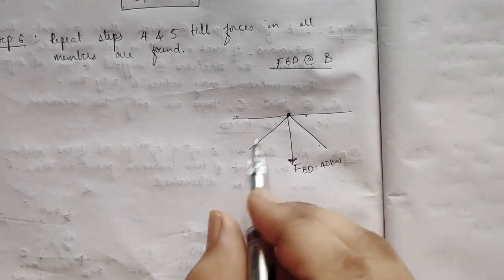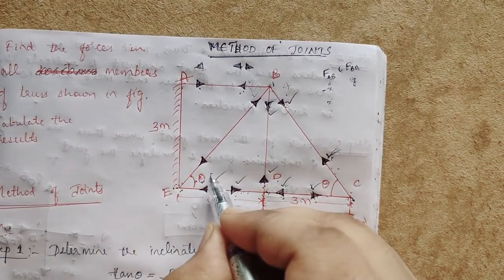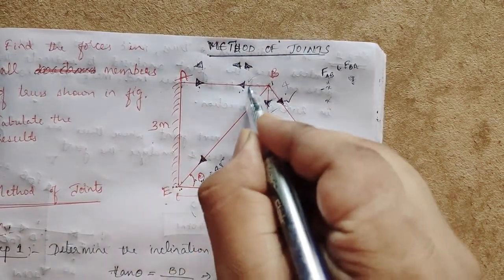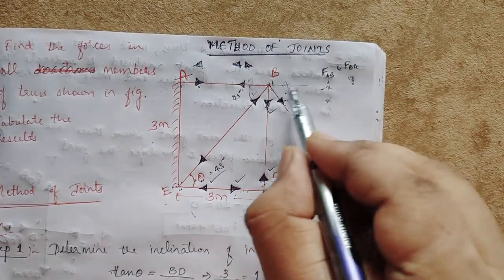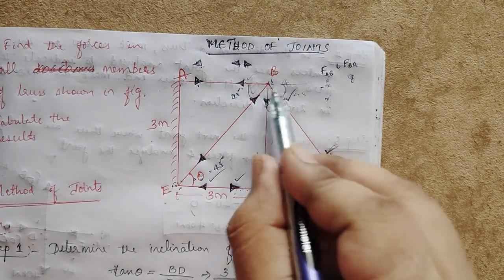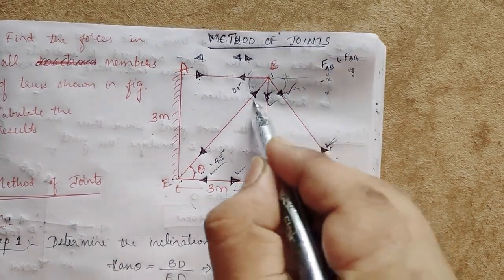Now see here in this joint B, if this theta is 45 degree, this is also 45 degree due to alternate angles. So this is also 45 degree. I am writing this joint B once again. So we have to mark these forces.